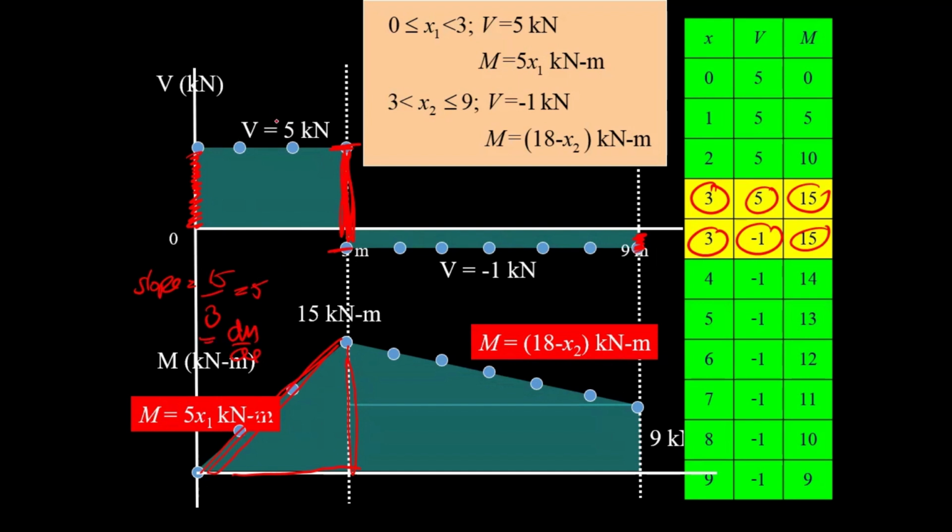And 5 is what? 5 is shear, so dM by dx equals V. The same thing over here: dM by dx, differentiating 3 minus x2 by dx2, you have 0 and then -1. This is -1, equal to the shear force.